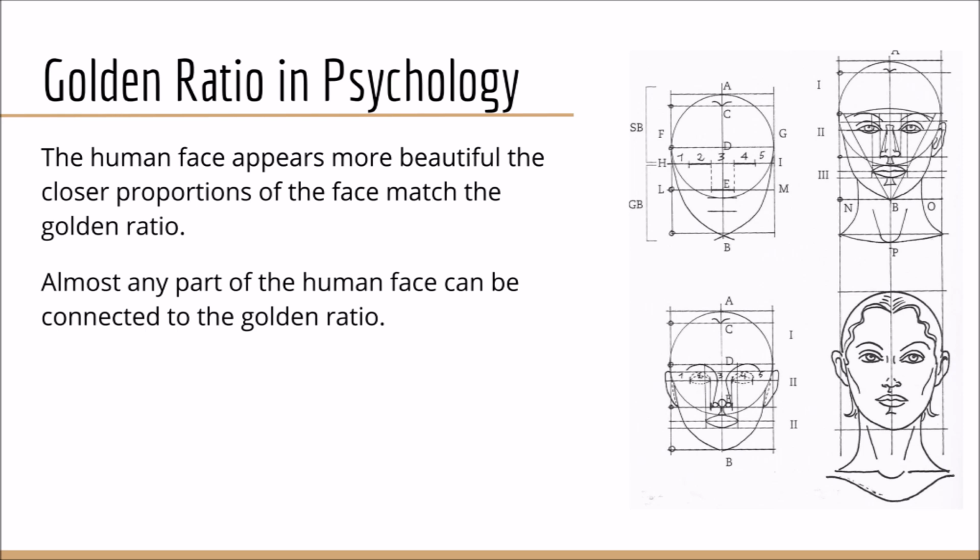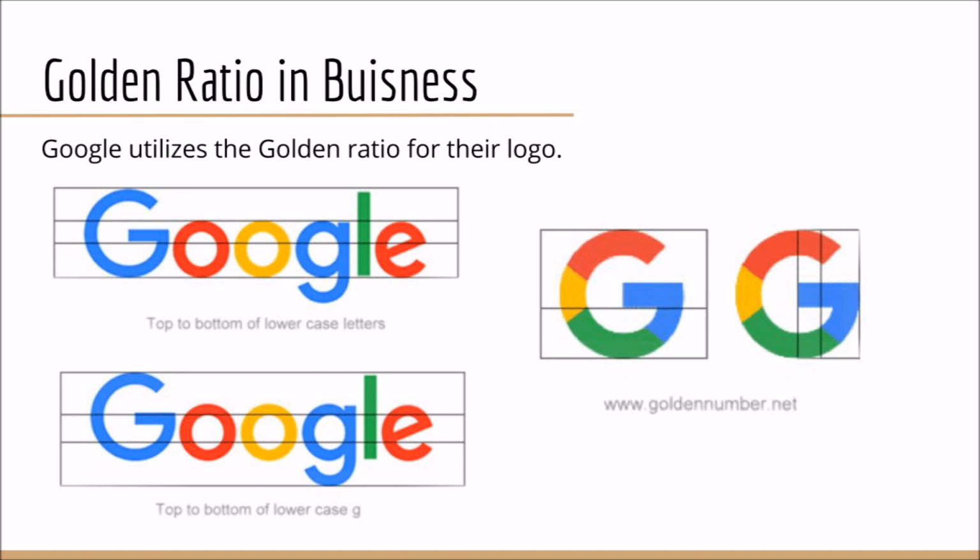For my last example, I will note that the golden ratio also appears in business. On screen, there's examples of how Google uses the golden ratio to create an appealing product. These images may be hard to understand at first. On the right and left, there's a line, and it's cut at that point talked about earlier, where the ratio of the lines is equal to the golden ratio. And they did this from bottom to top and top to bottom.